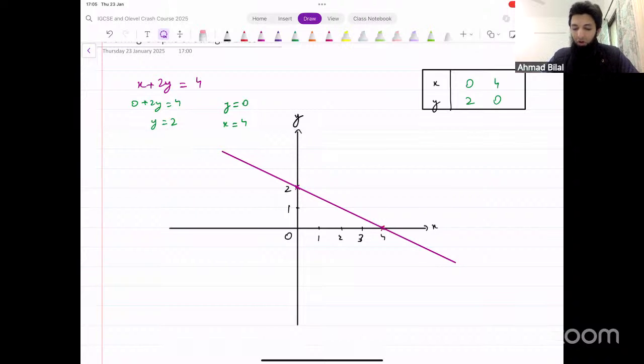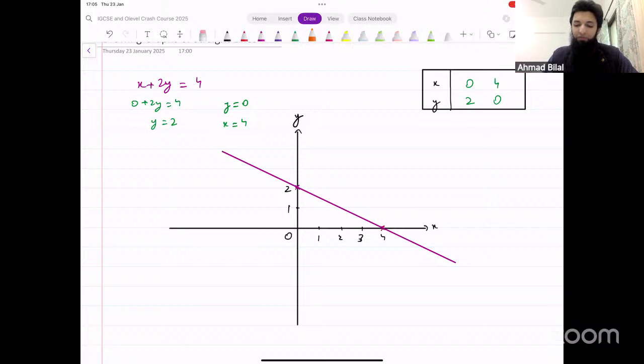Because if all 3 of those points that you have taken lie on a straight line, that will kind of confirm that your working is correct. Otherwise, it is possible that if you just take 2 points, if one of them is incorrect, then you might run into problems because your line would be incorrect. Taking 3 points ensures that you are not doing any careless errors.